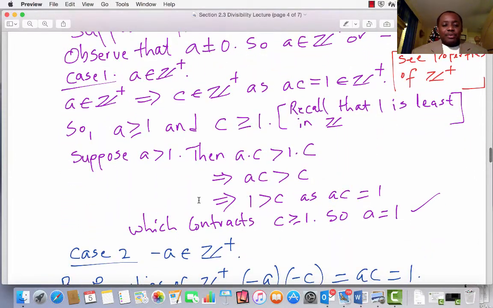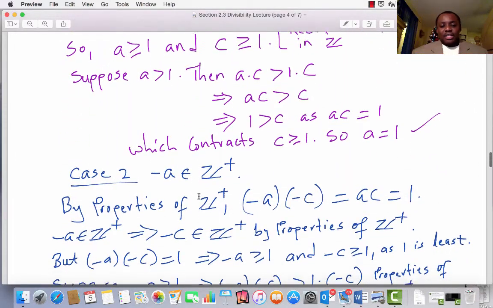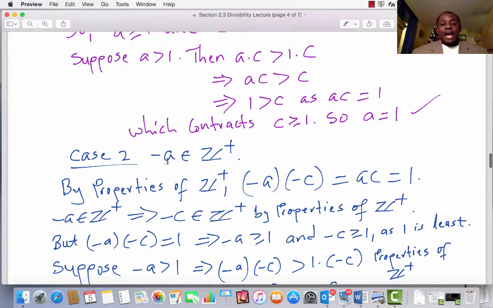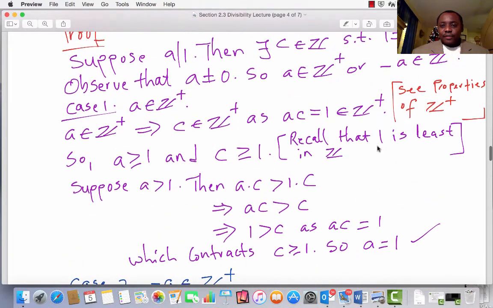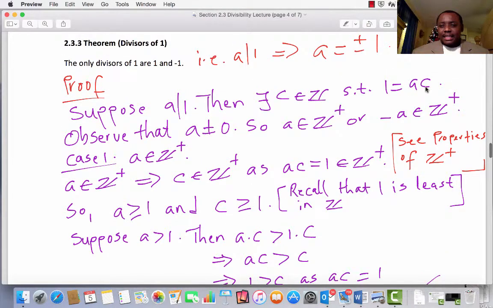What happens if a is not in Z plus? Then negative a would have to be in Z plus. Again, check section 2.1, properties of positive integers. By properties of Z plus, since negative a is in Z plus, negative a times negative c equals a times c, and a times c from the very beginning is 1.